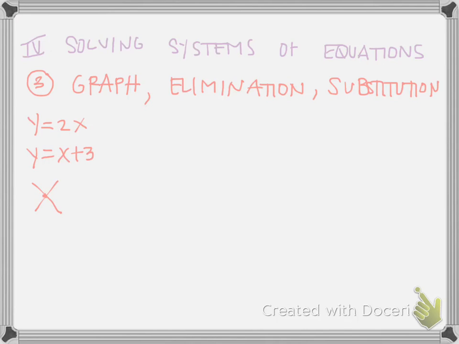Elimination means that we want to line up our variables, and then add or subtract our equations together to get one of the variables to cancel out. That would be elimination.